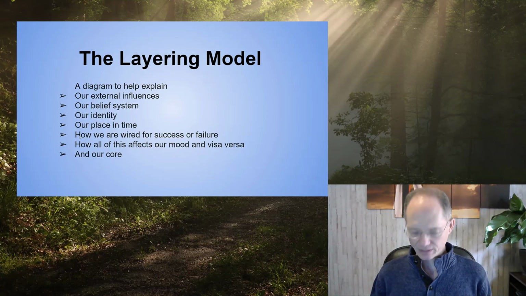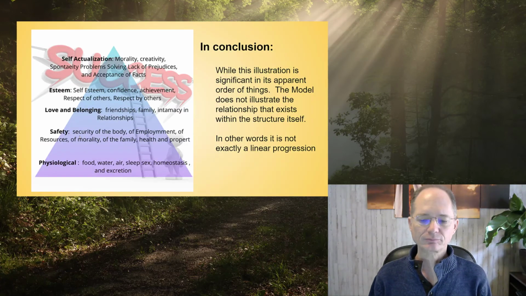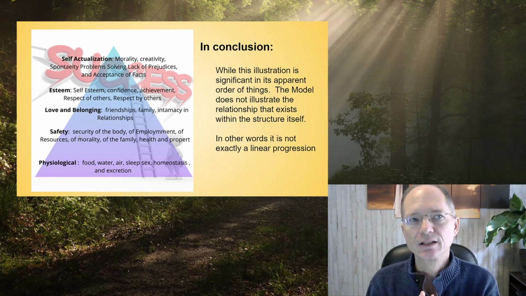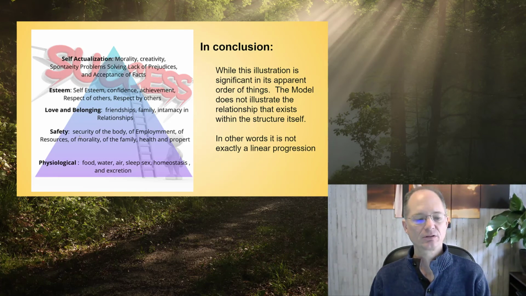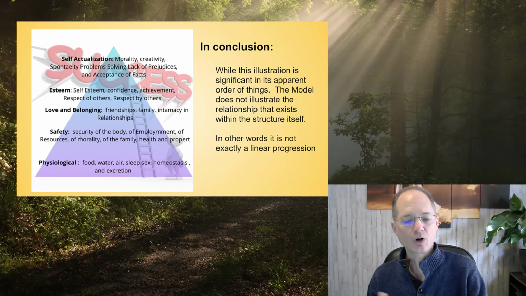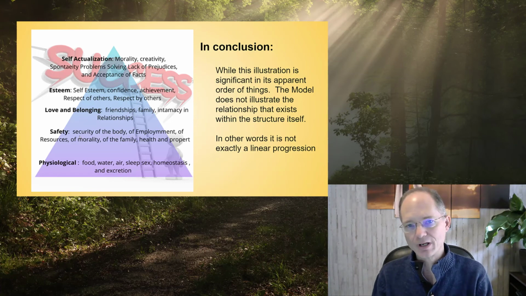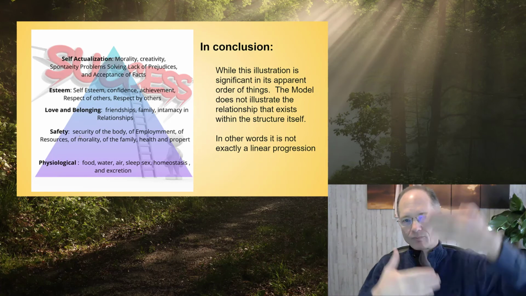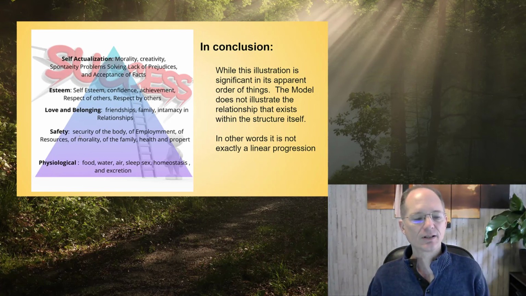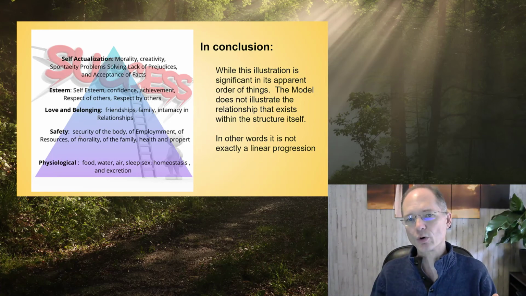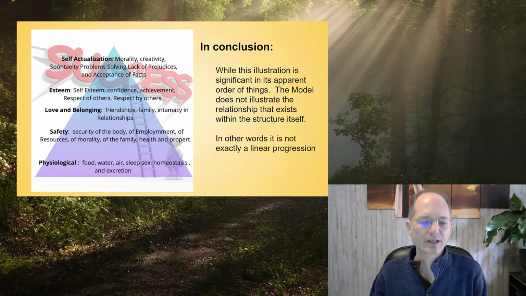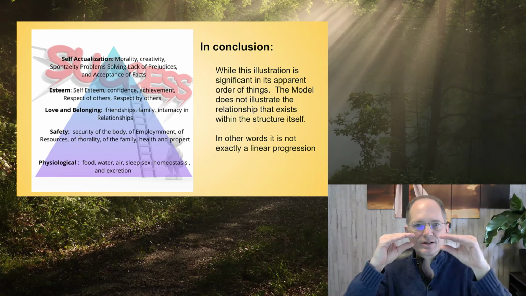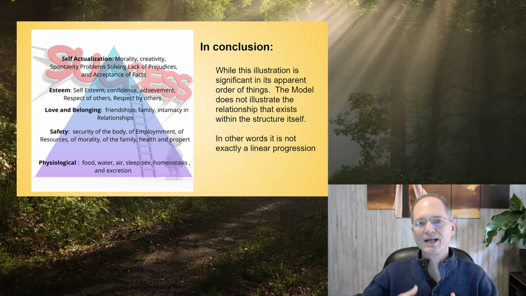They do relate to each other, and you have to have food, water, sleep, those types of things. You do have to have those physiological things before love and belonging actually happens. So there is an order, but it's just a relationship. It's not like I've got to get all of this, and then I get this, and then I get this. You kind of build upon each other.